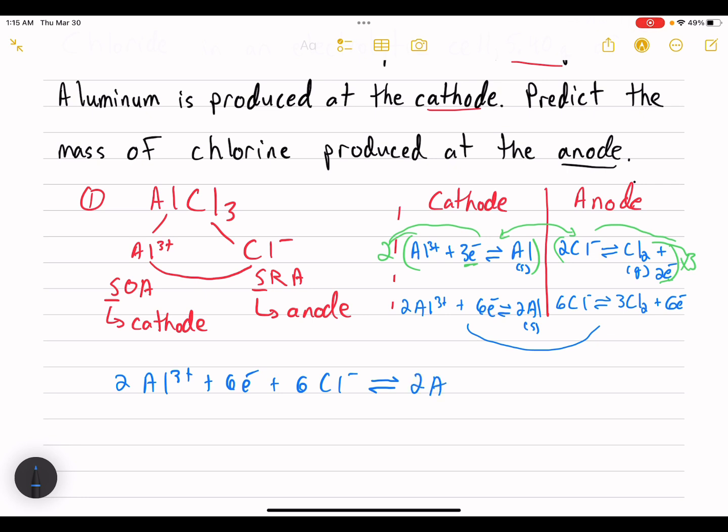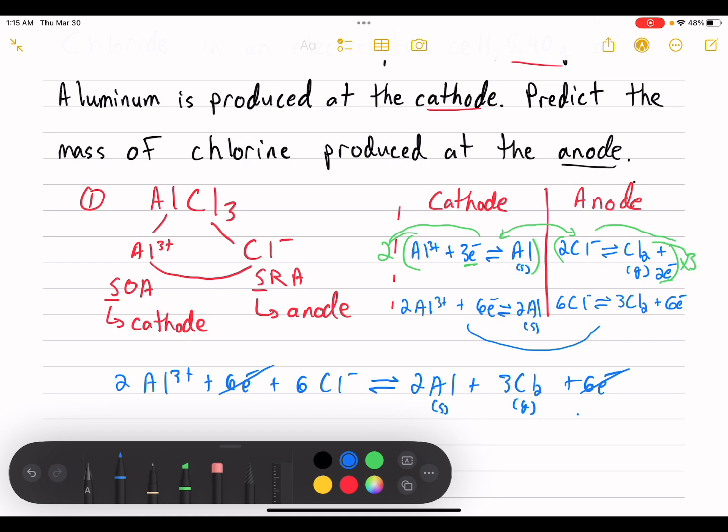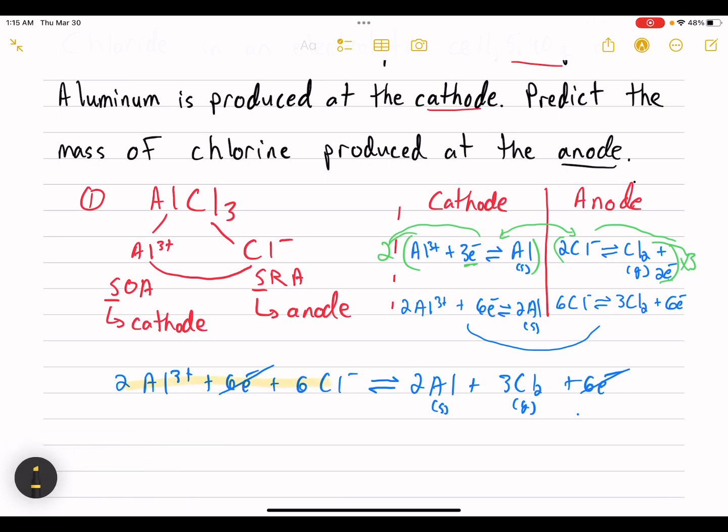So that'll give me 2Al solid plus 3 Cl2 gas plus 6 electrons. We can remove any like terms, which would be the electrons here. And finally, this reaction over here is largely what we are working with here. So that's step 1 already done.